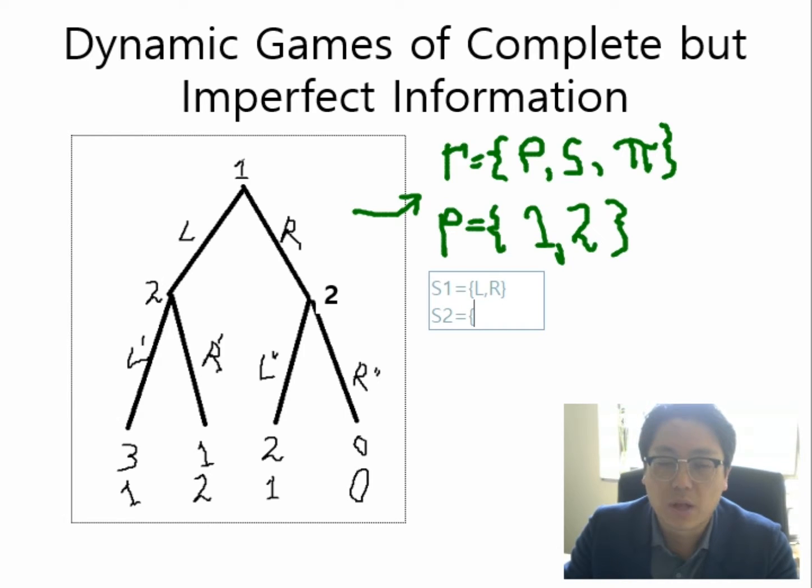Then the second player will have a time when she or he can choose his or her action between L double prime or R double prime. So think about that.